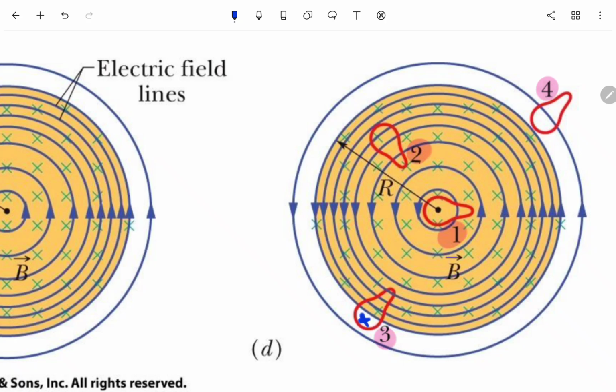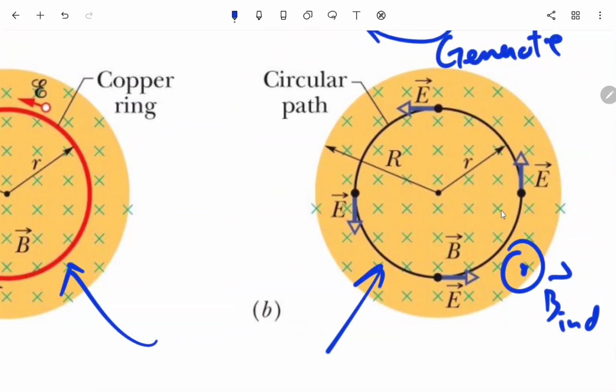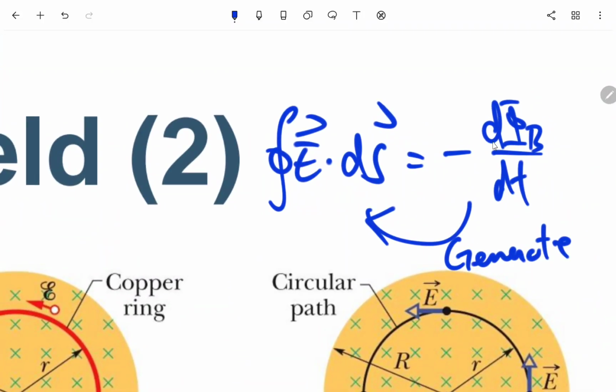So this part doesn't contribute to phi B, no contribution to phi B. Which means this phi B will be smaller, and d phi B dt will also be smaller.